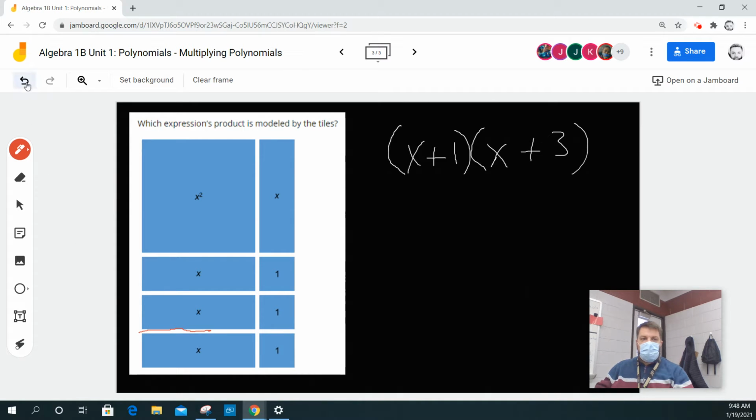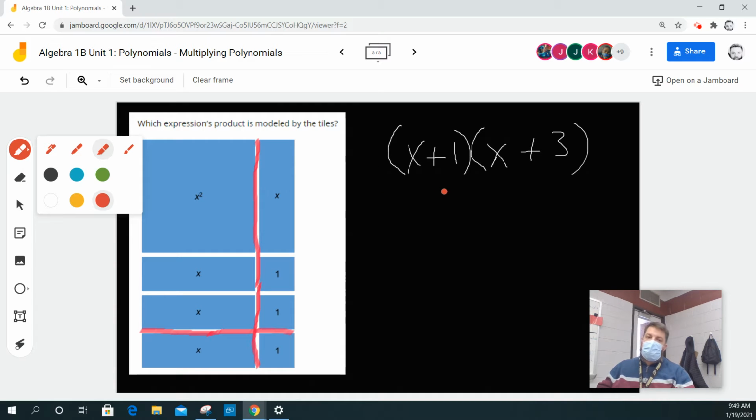Well, let me change that a little bit. Do you see this? Look at this. Do you see it yet? They purposefully change the orientation.